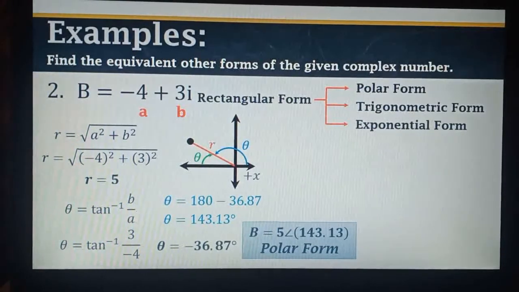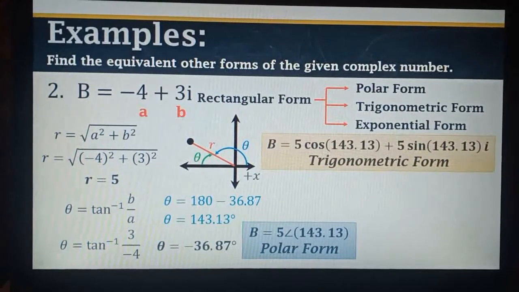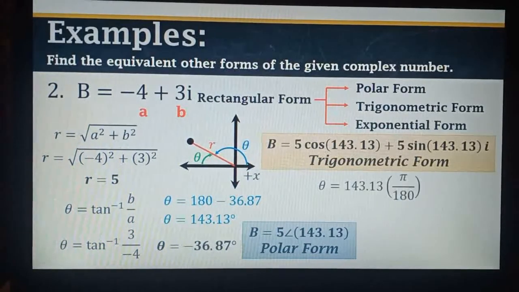Then for the trigonometric form, you have 5 cosine of 143.13 plus 5 sine of 143.13 I. Then since you have already 143.13 degrees, to be converted into radian, you have 143.13 multiplied to pi over 180.